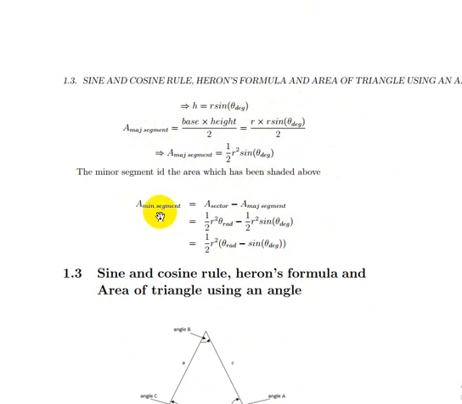So we are going to have area of minor segment equals area of sector minus area of major segment, which is half r squared theta in radians because of multiplication with a distance, minus half r squared sine theta in degrees because we are doing the trigonometric ratio of the angle theta. So this is going to give you half r squared into theta in radians minus sine of theta in degrees.